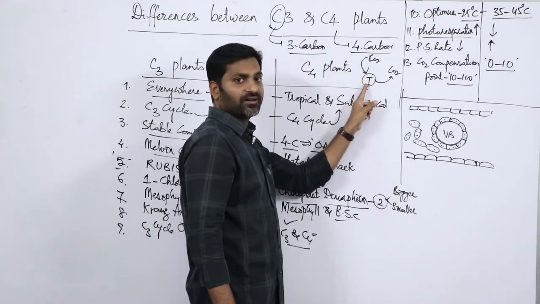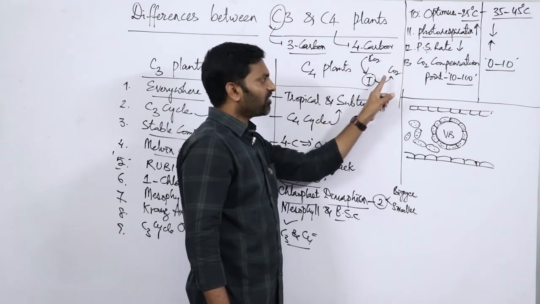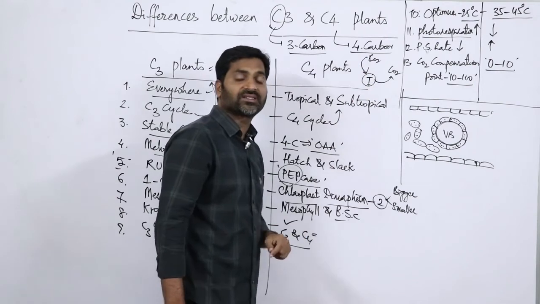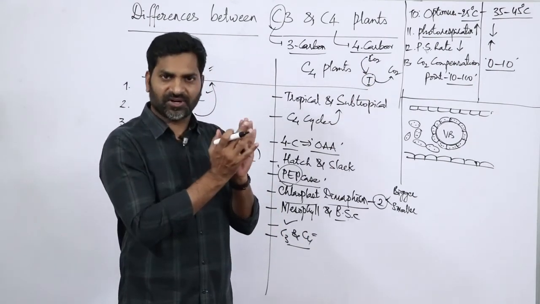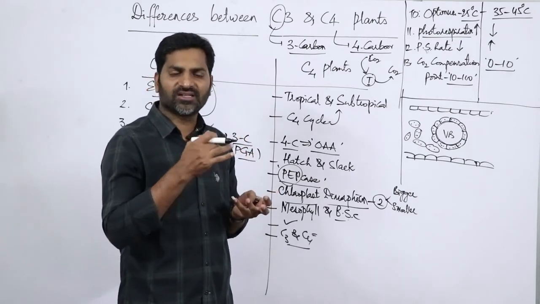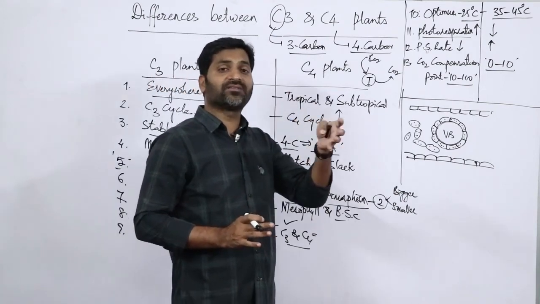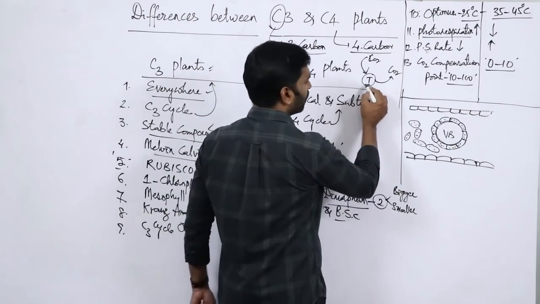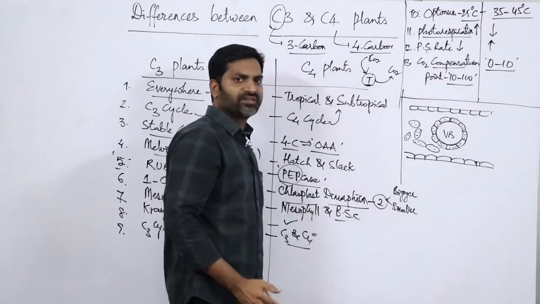The particular point at which the CO2 lost in respiration and the CO2 trapped in photosynthesis are equal is called the CO2 compensation point.